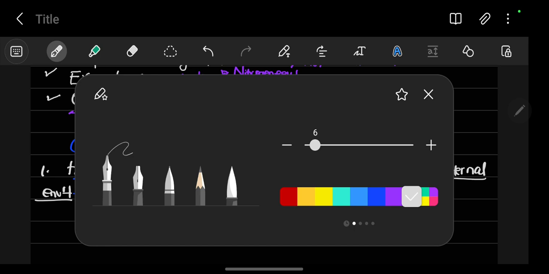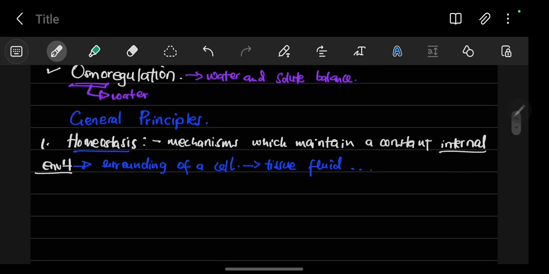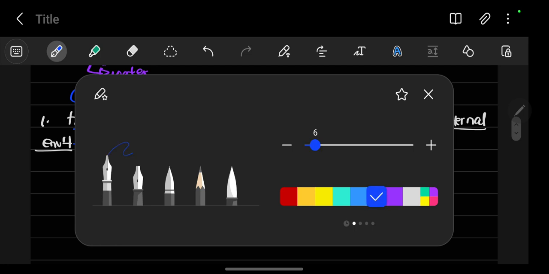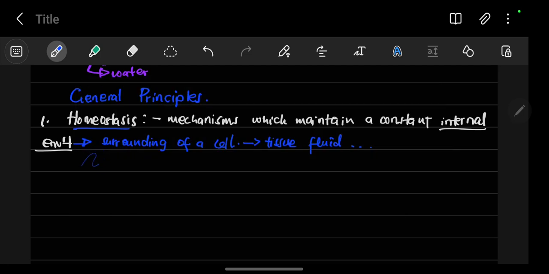So factors that we look into, all factors that should be maintained constant in this topic. Let me try to break them down here. Factors to maintain constant.